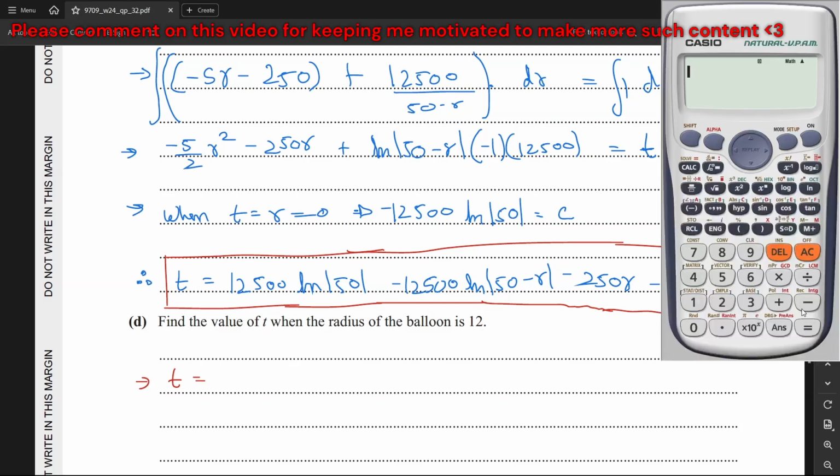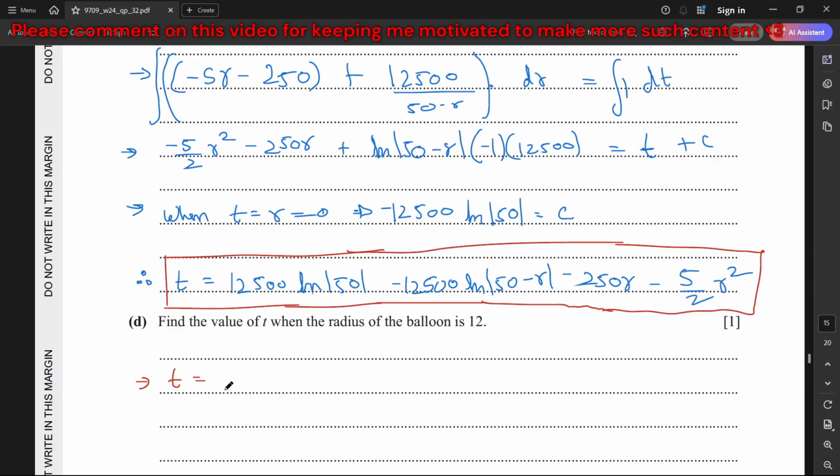Okay, so answer minus 5 by 2 into 12 square, which is 144, and this gives me the value as 70.5 correct to 3 significant figures. 70.5 will be the final answer.